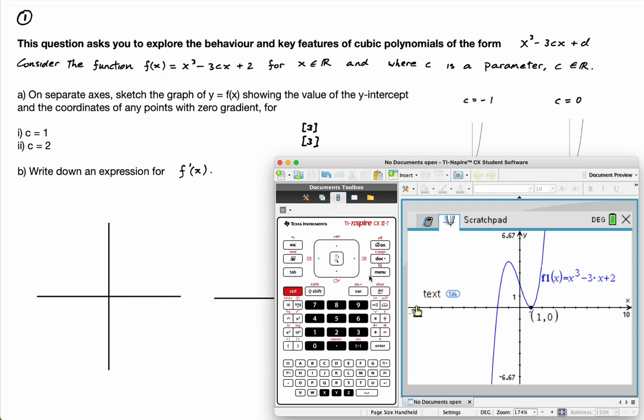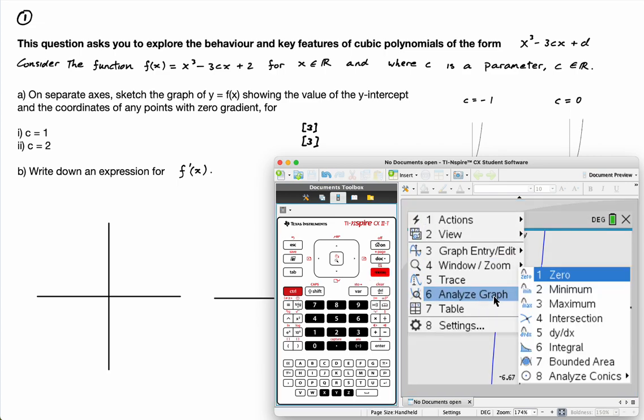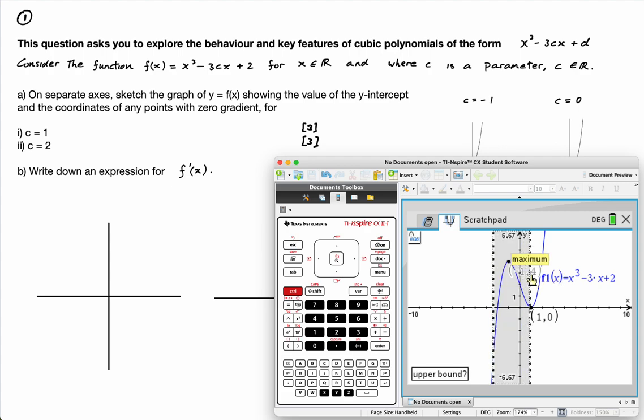So the minimum is 1, 0. And the maximum is -1, 4. And the y-intercept is going to be 2, guys. We know that because it's when x is 0. You can find that if you really want using trace, but it's not difficult, right? So -1, 4 and 1, 0.